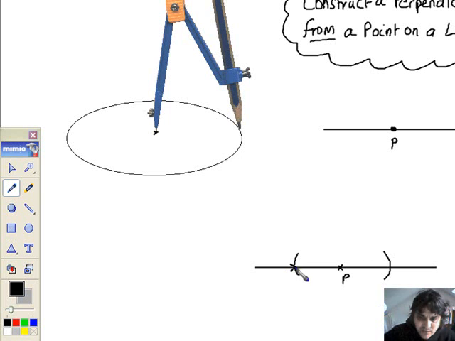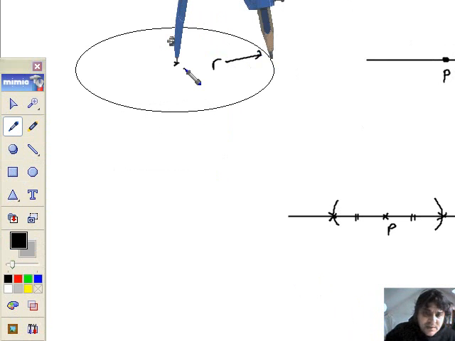What I established, therefore, is a point of intersection with the line given, and I know that these two sections are of equal length, because they're radii from that point P to the circumference of the circle. Of course, the whole circumference isn't shown, just the arcs. So I've established that there to there is the same, and there to there is the same, and they both have radius r. That's what I've just done.